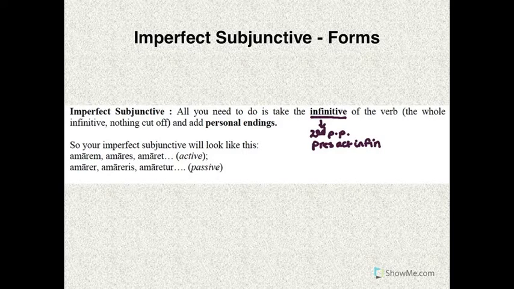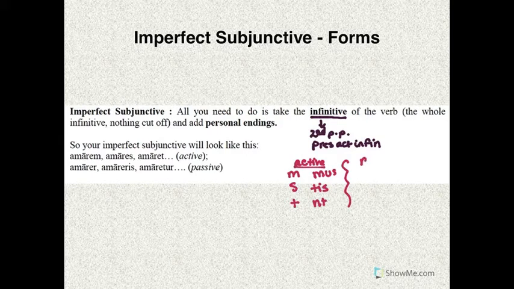For the personal endings of the imperfect subjunctive, in the active voice, instead of -o/-st, here we have -m, -s, -t, -mus, -tis, -nt. And in the passive voice, we have no change from what we're used to seeing. So we have -r, -ris, -tur, -mur, -mini, and -ntur.